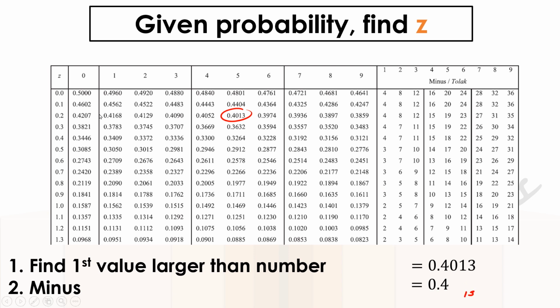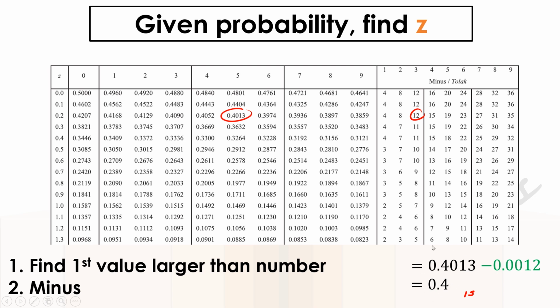Okay, so from the same row, let's look at whether there is 13 or not. Alright, there is no 13. So if that's the case, let's find the number which is closest to 13, which is 12. Okay, so we just put it here. So if we minus these two values together, it almost matches our probability.